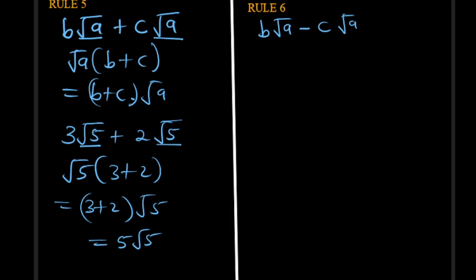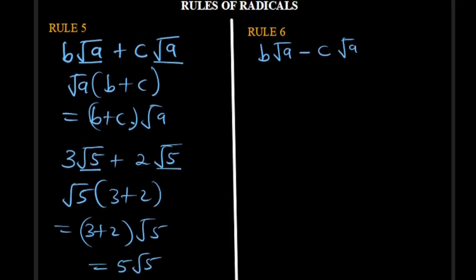Then for rule 6, we have b root a minus c root a. The common factor here is root a, so just put root a here, then b minus c. You put b minus c, root a.